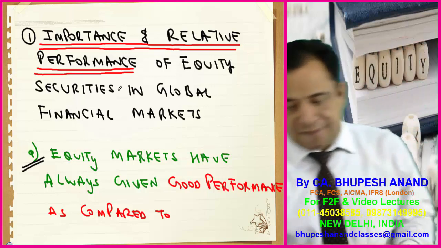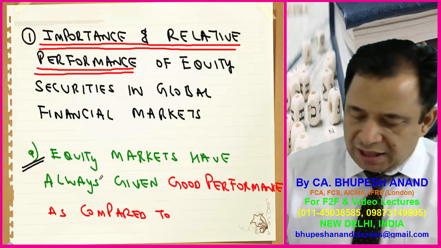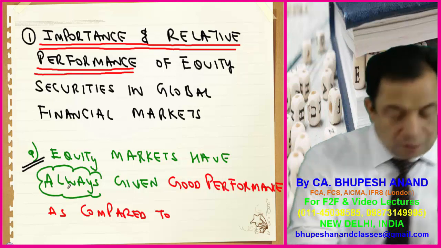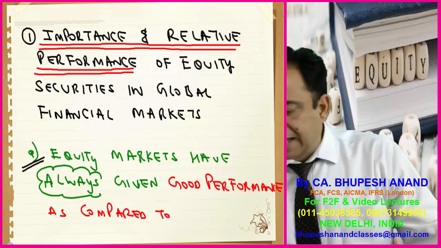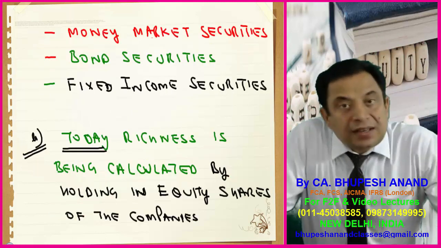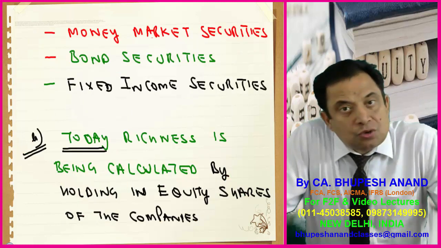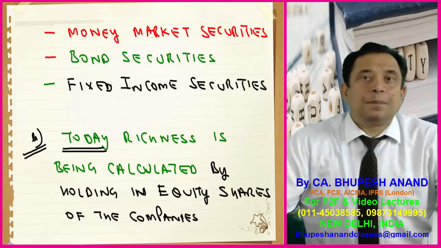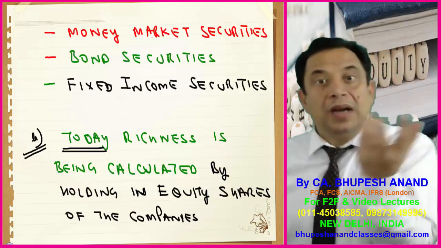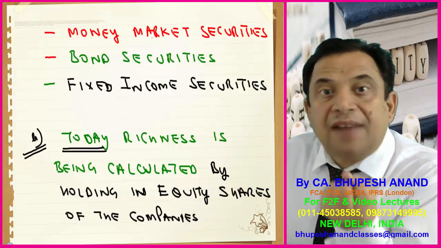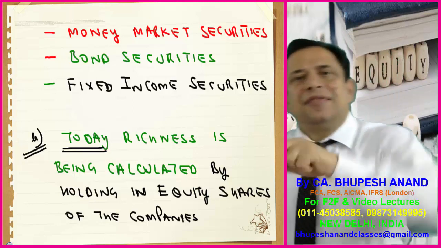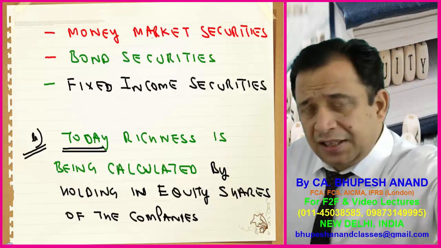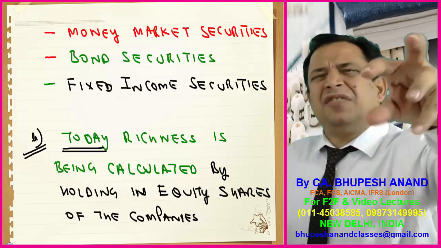Equity markets have always given a good performance as compared to money market instruments, bond market instruments, or fixed income instruments. So equity markets have given a higher return. No doubt in some years there's a bad performance also, but those are very few years.